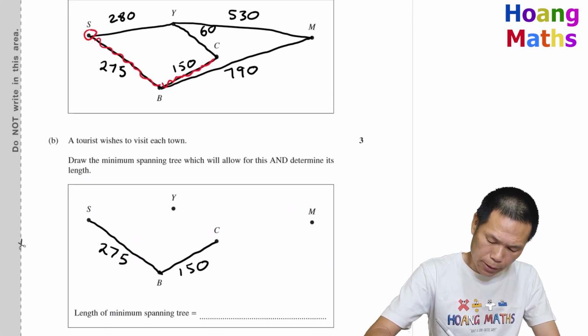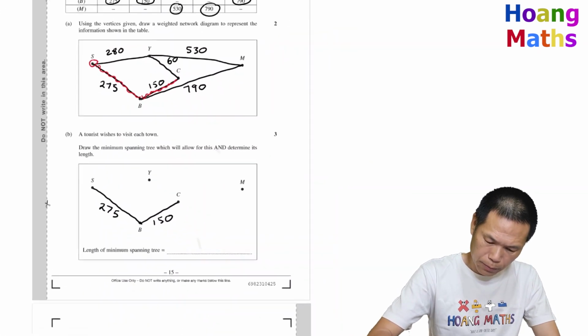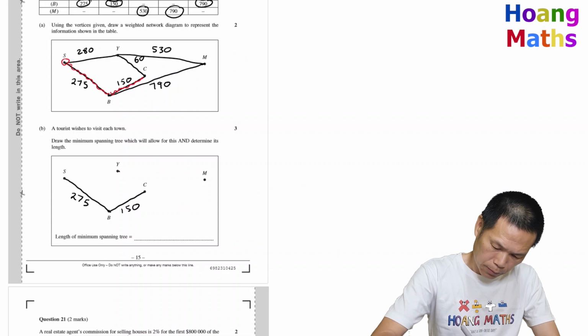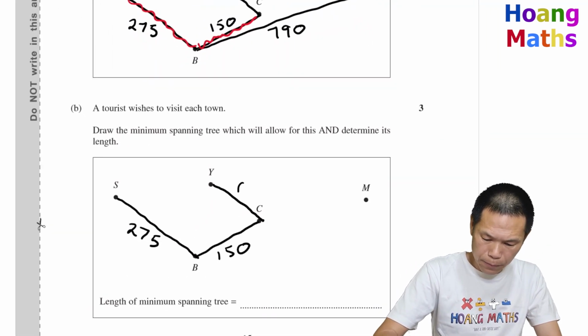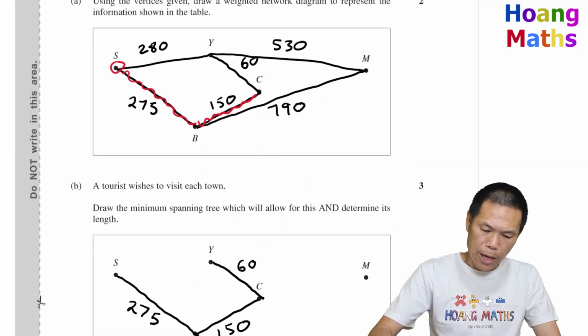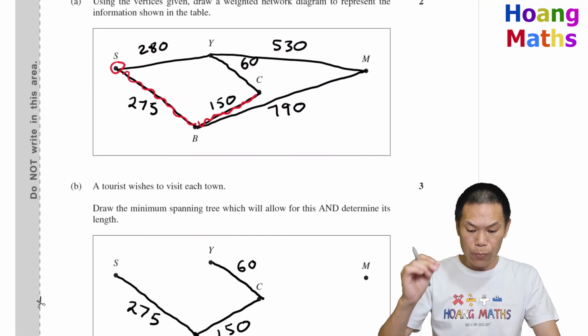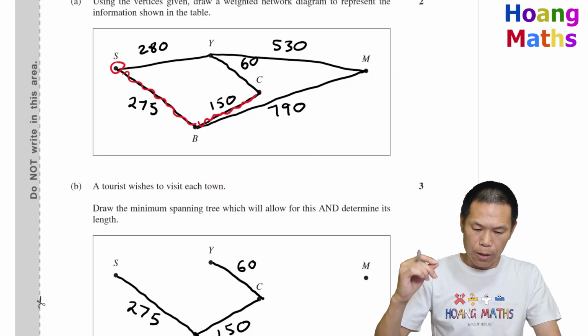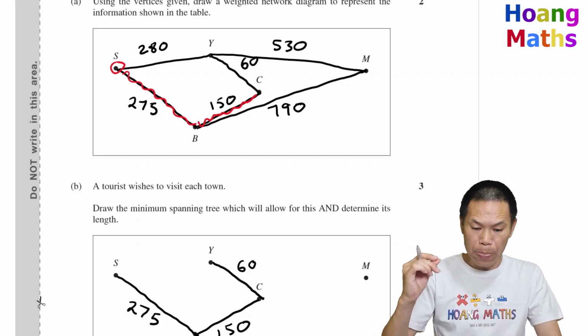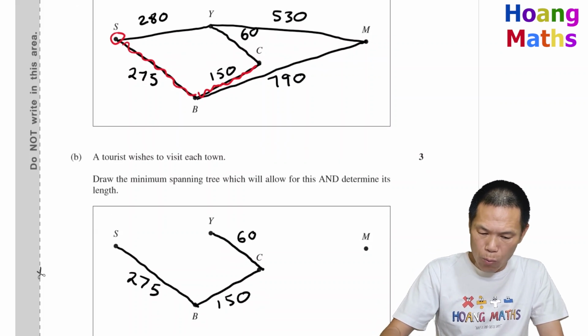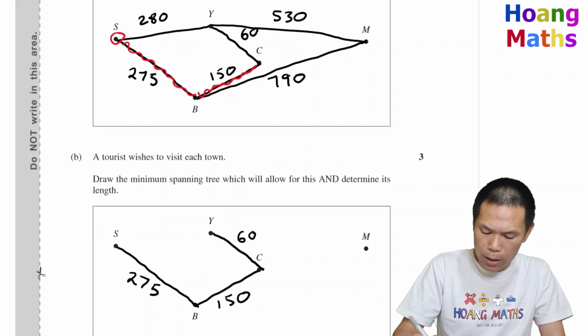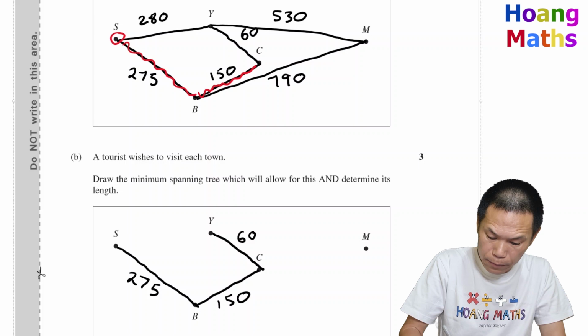So Y to C is 60. And then we can start from Y, C, or B, but then Y to M is the smallest distance. So that means Y to M, and that will give me 530.